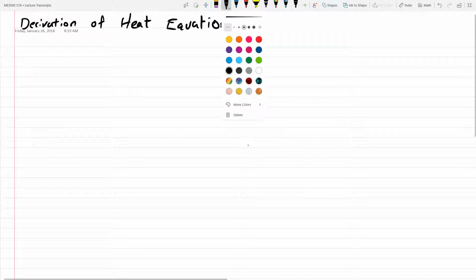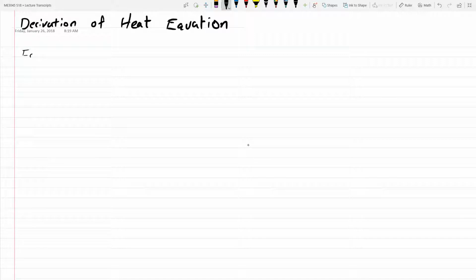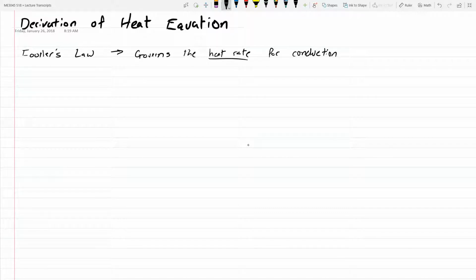At the conclusion of the last couple lectures, we left off with Fourier's law, which governs the heat rate for conduction, given by the heat flux being equal to negative k times grad T, and then the heat rate being the surface integral of the heat flux.